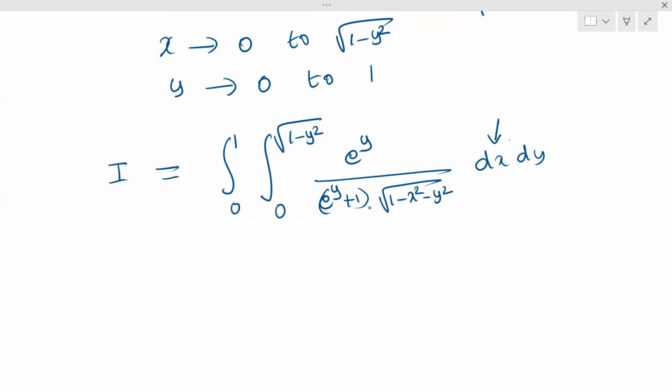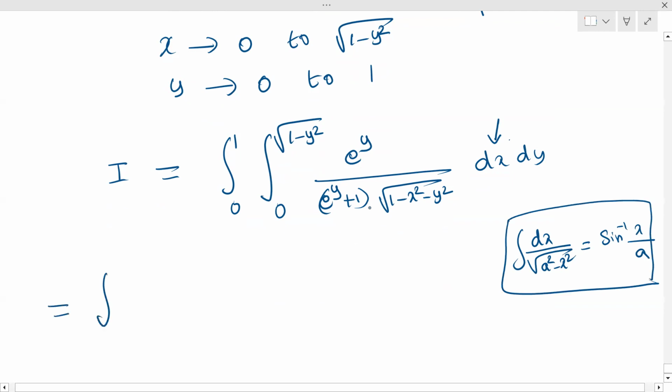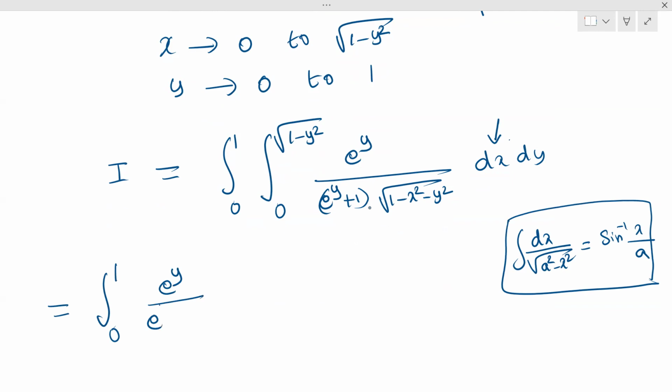Here we have to use this formula: integral of dx by root of a square minus x square is sine inverse of x by a. This formula we have to apply. So integration 0 to 1, here y is constant, so write e power y upon e power y plus 1 as it is, sine inverse of x by a.